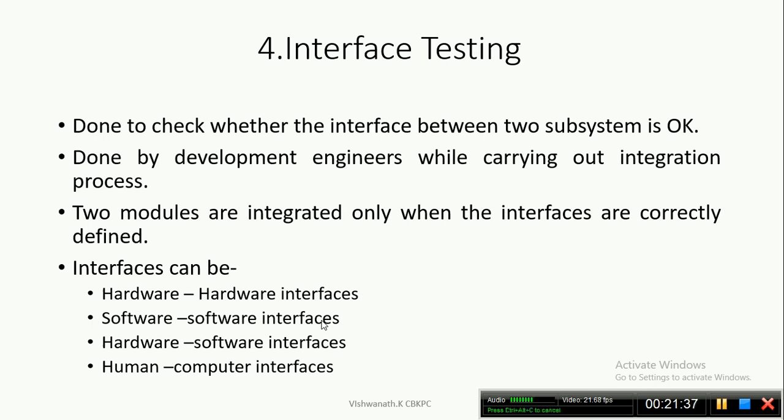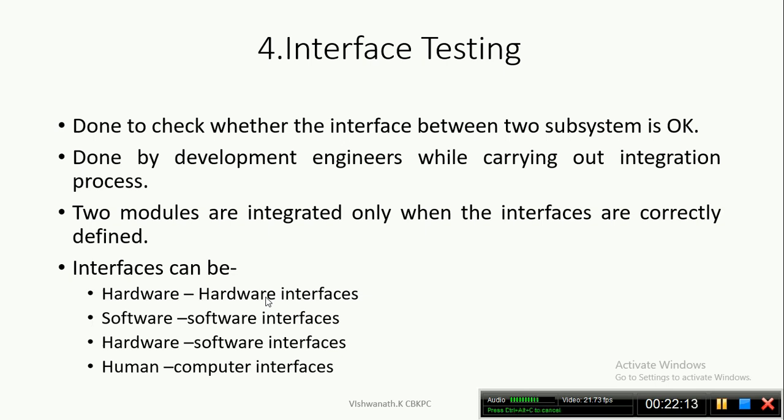This is one of the basic examples, connecting two systems by using LAN cables with RJ45, and another example is RS232. RS232 is also used for interconnecting two different hardware for data transfer, like a VGA cable.